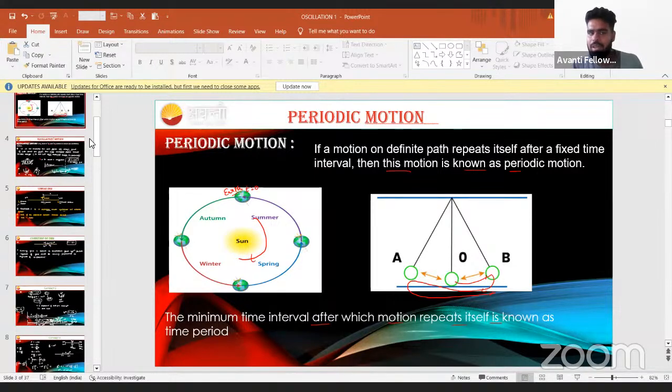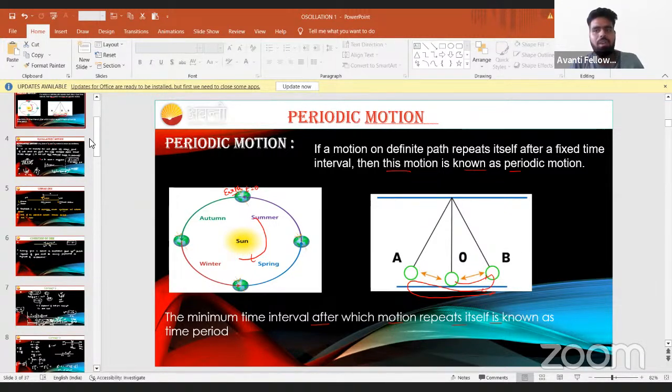So I hope it is clear to everyone, and we just discussed the kinematics of SHM. Whenever I am talking about kinematics, we are interested in discussing the displacement of the particle, the velocity of the particle, and the acceleration of the particle.